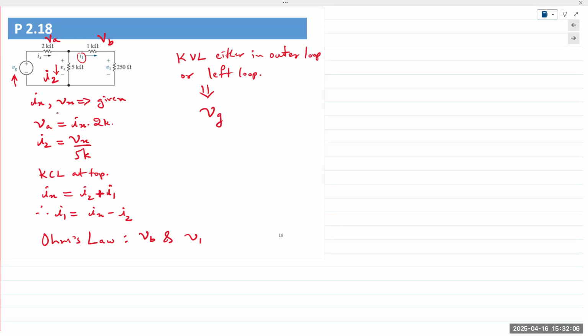And once you have the voltage and the current, it's easy to find the power equation. Do the steps make sense?